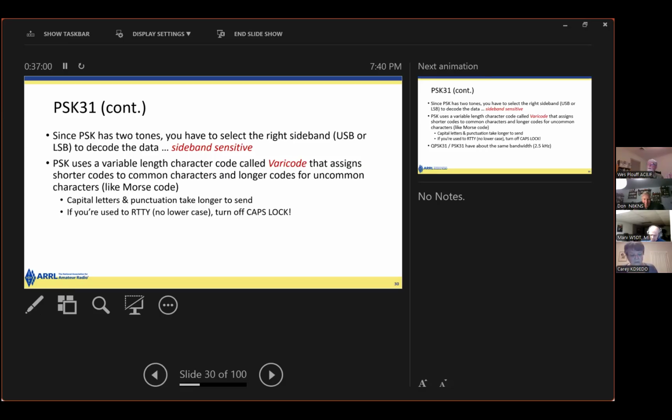So PSK31 allows you to use normal capitalization. For instance, if I'm talking with Bob, and I say Bob, fine business, then I'll capitalize the B for Bob because that's the way his name is spelled. That's different from radio teletype. Radio teletype is basically all uppercase.